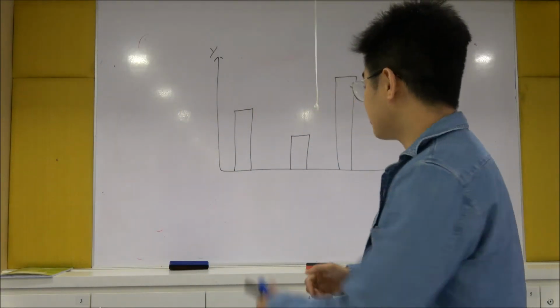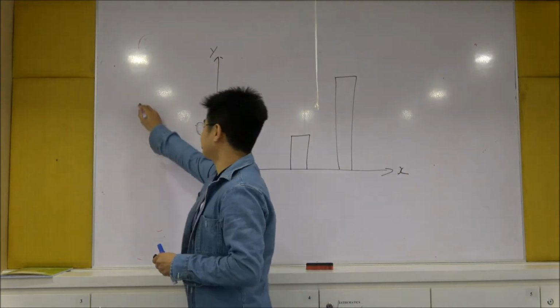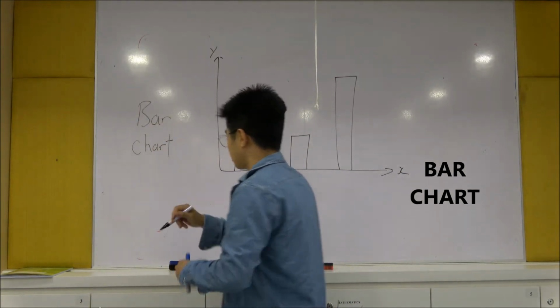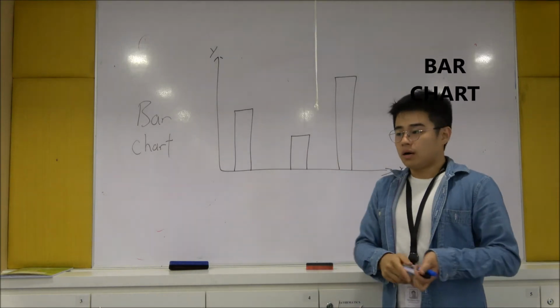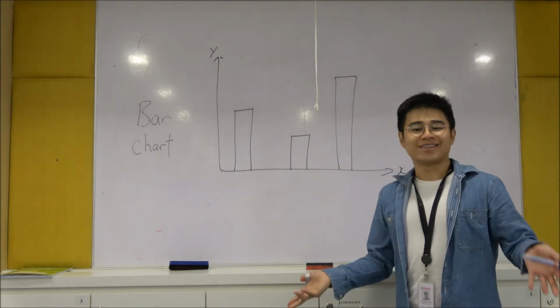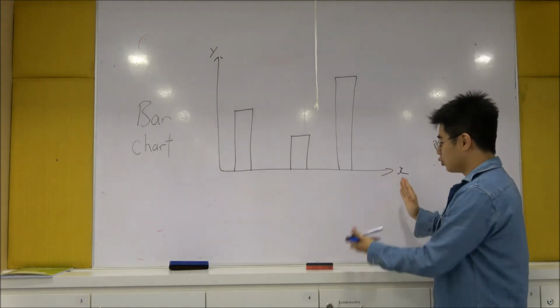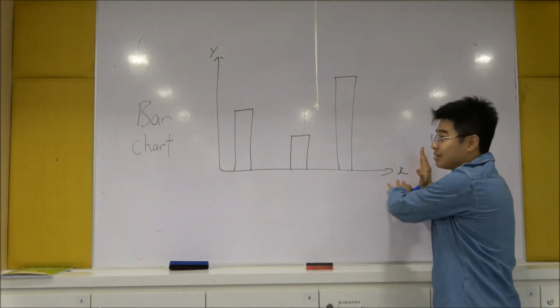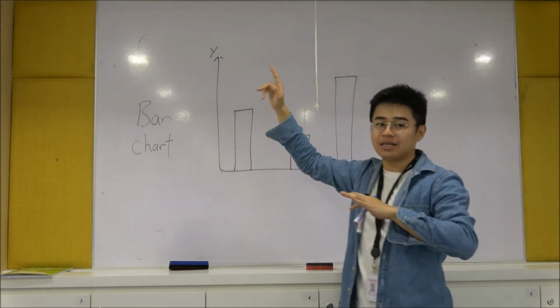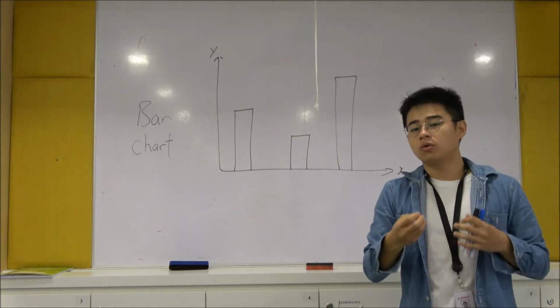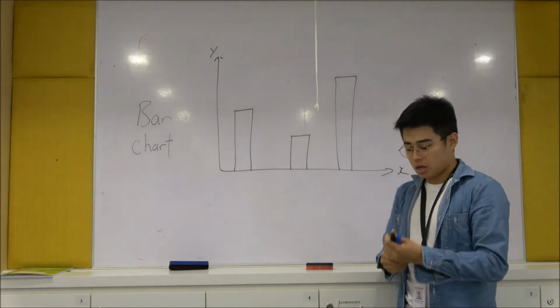Now I'm going to demonstrate to you a bar chart or bar graph. I assume you have learned this in high school or secondary school. As usual, you have the x-axis and the y-axis. These are for your variables. So when do we know to use a bar chart?